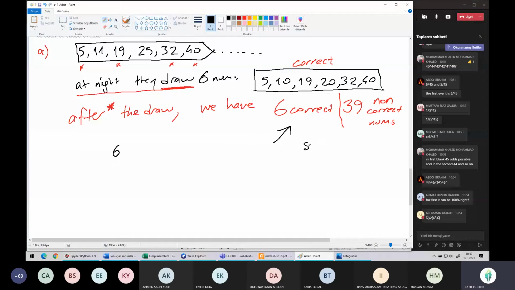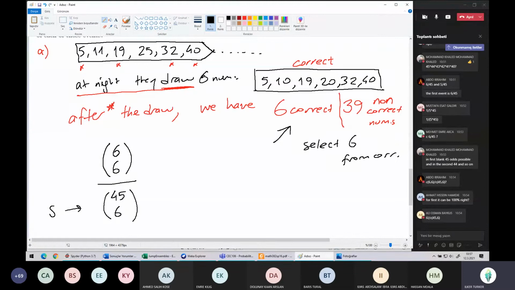Select 6 numbers from corrects. 6 combination 6 over what is the sample space? Sample space here is 45 combination 6. This is my sample space. This is my favorable outcome. So Abdo is right here.